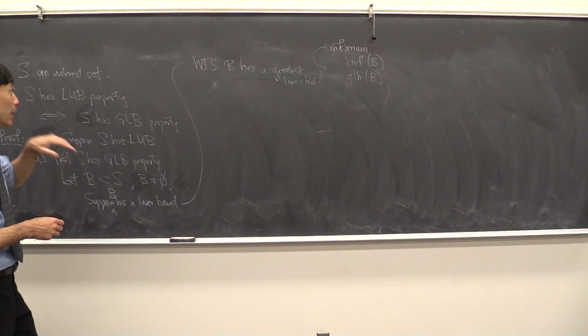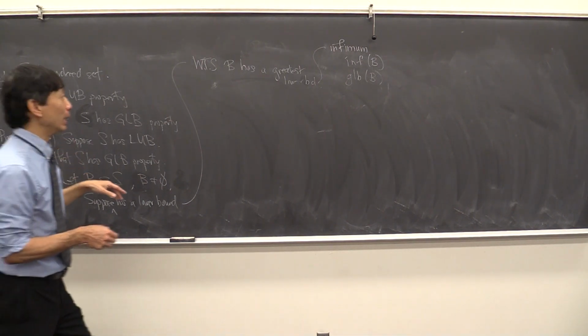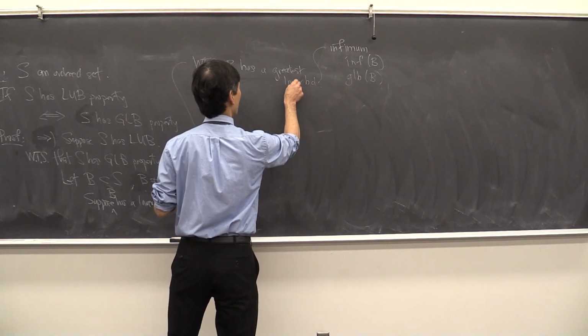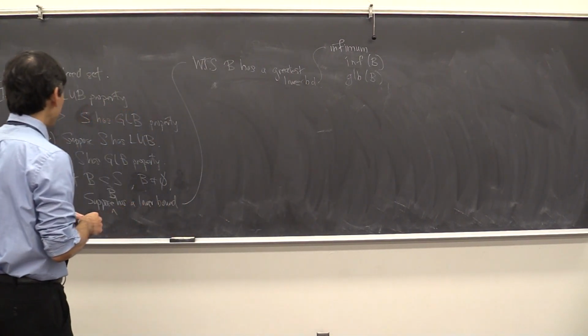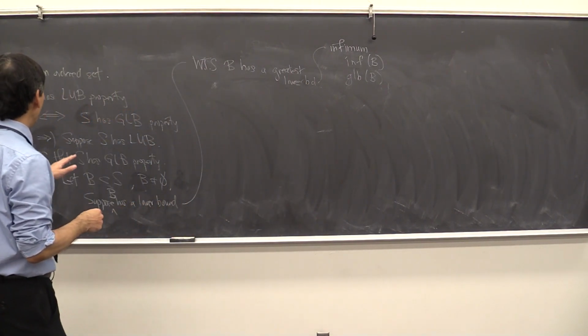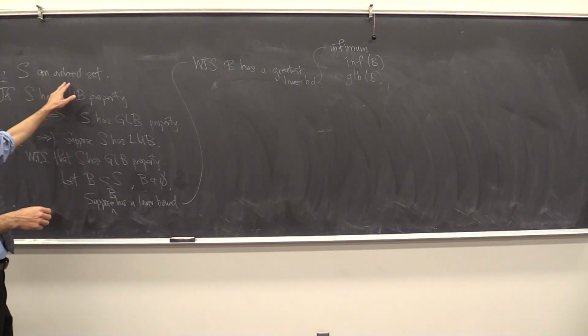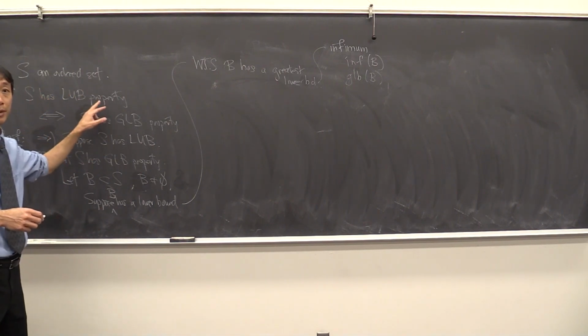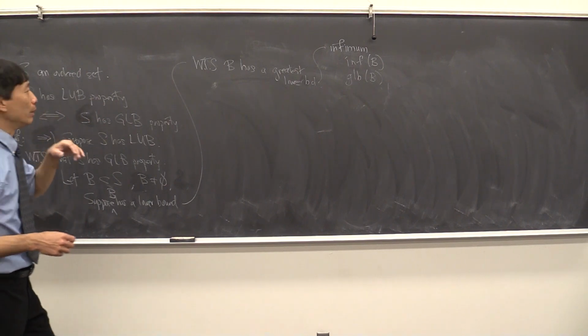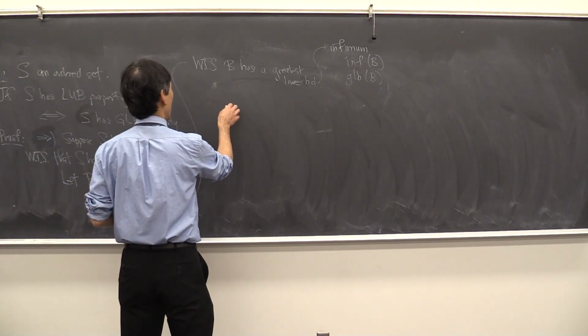Okay, so we want to show that B has a greatest lower bound. But all we know about our set is that it has the least upper bound property. So what we do is the following.